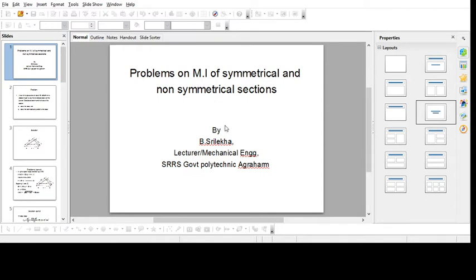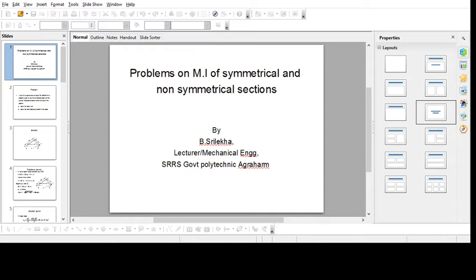Now we have the centroid and area of each section. Using the formula a1 x1 plus a2 x2 plus a3 x3 by a1 plus a2 plus a3, you can find x bar. Next, y bar is equal to a1 y1 plus a2 y2 plus a3 y3 by a1 plus a2 plus a3.